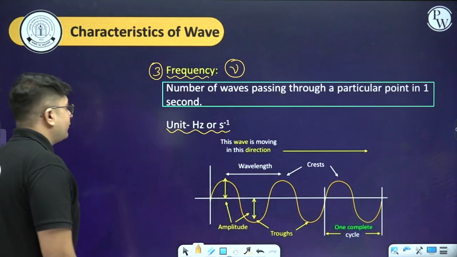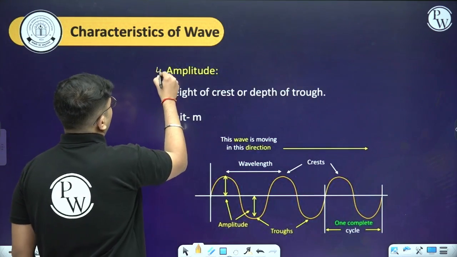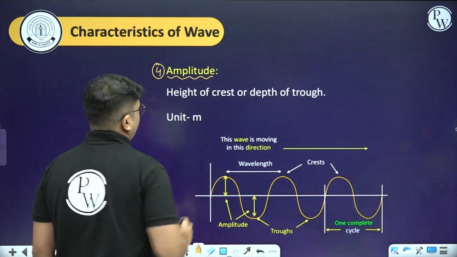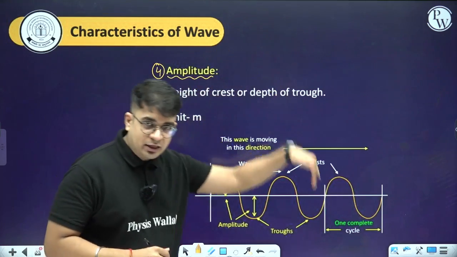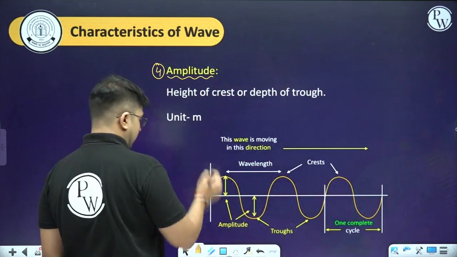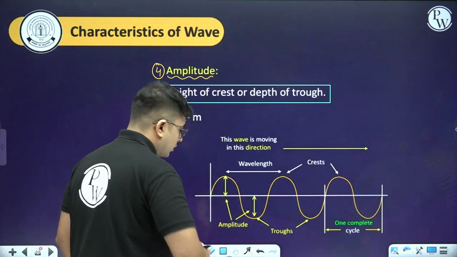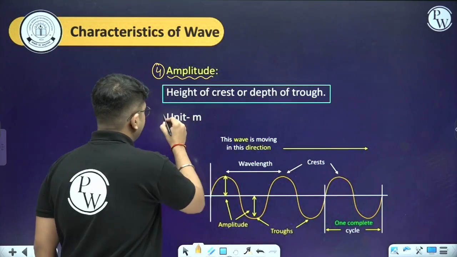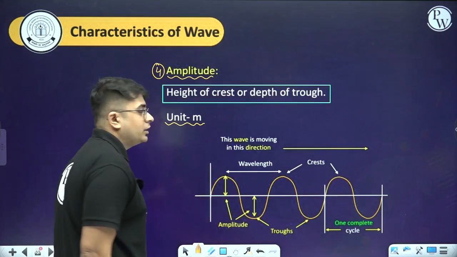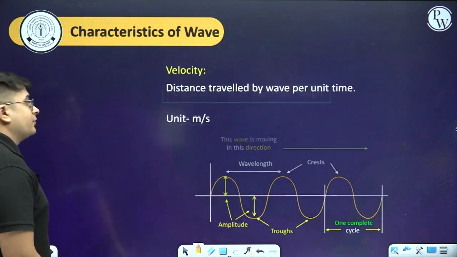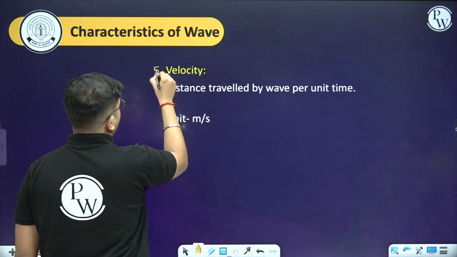Okay, in the same way, the next term is amplitude. Amplitude is basically the height of the crest or depth of the trough. That is the basic idea about the amplitude. And again, it's talking about the height, so definitely its unit will be meter only. And the last part is the velocity. Velocity is very easy to understand.